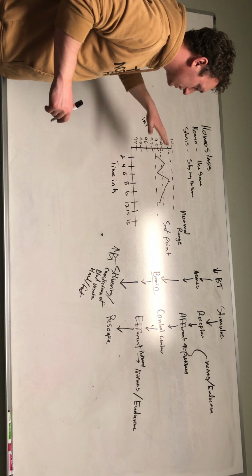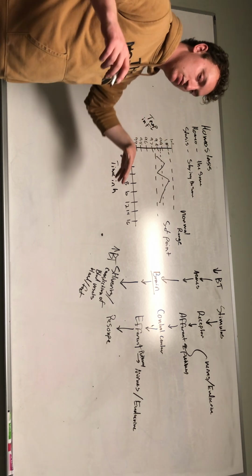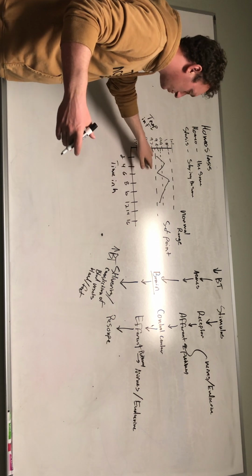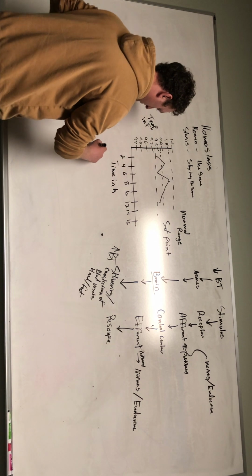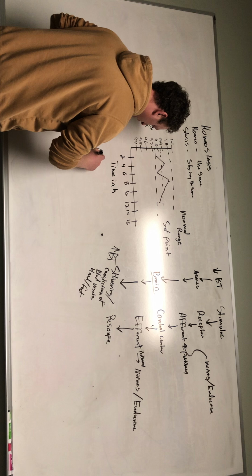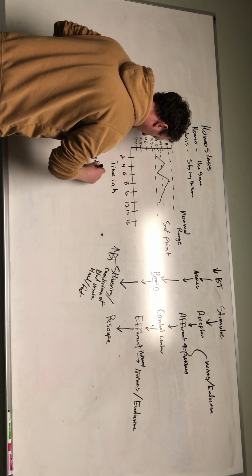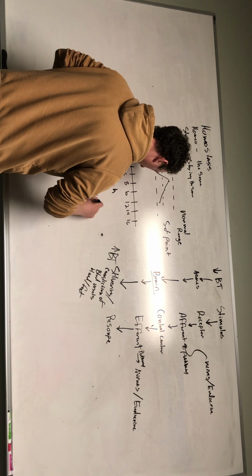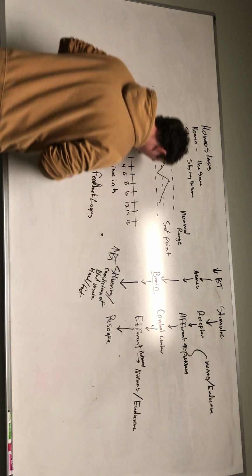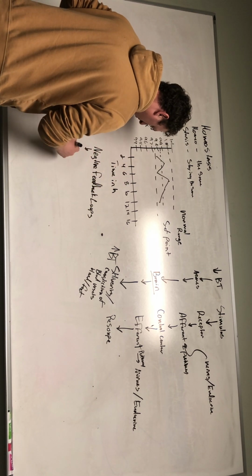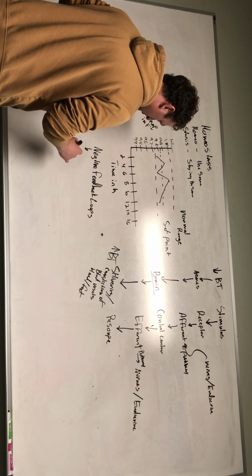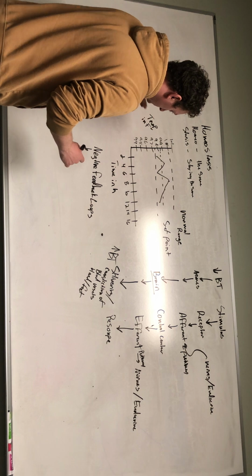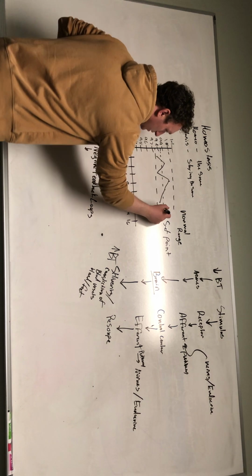So to explain this a little more, we need to go into negative and positive feedback loops. This is a really good example of a negative feedback loop. As a rule, negative feedback loops are always going to be pushing towards your set point.